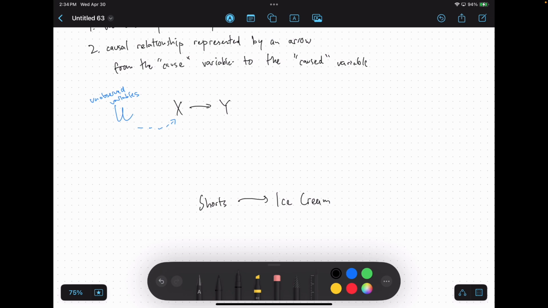So if I were able to run an experiment in this case, I could tell people to wear shorts and then see if they eat ice cream, right? And if you did that, you would probably observe that this is not a real causal relationship.